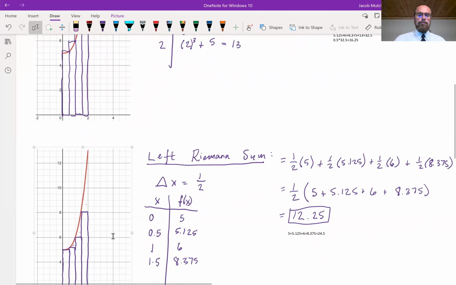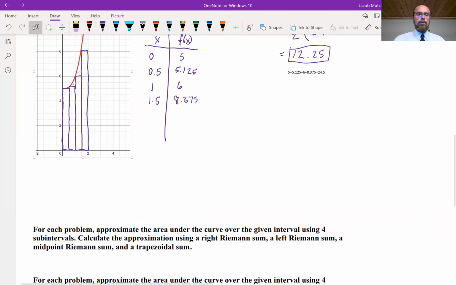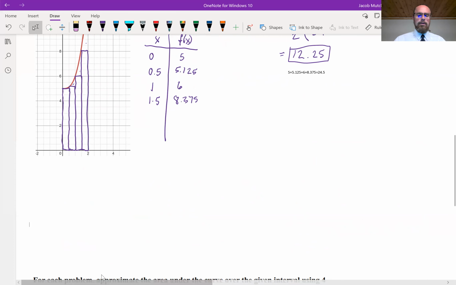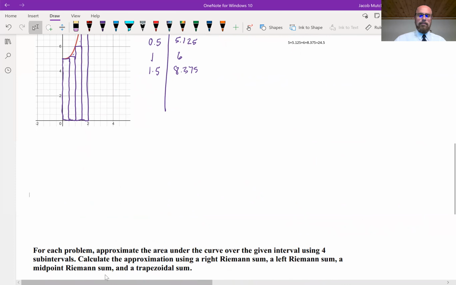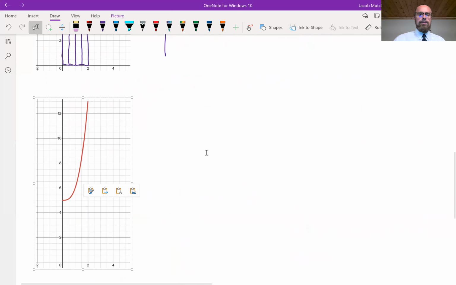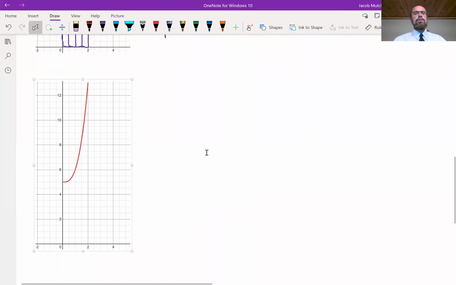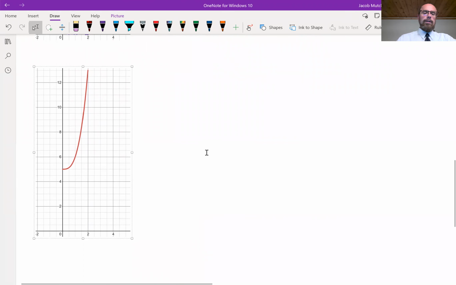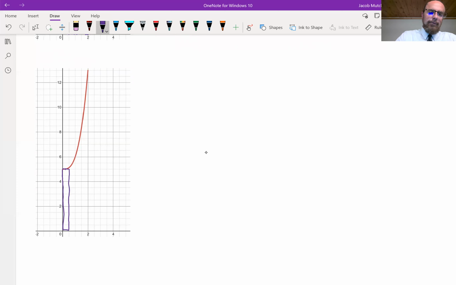So again, let's pick it up. We'll get rid of these. And consider now if I were to have subintervals whose midpoints were on the function. To draw it is helpful, because I'm going to visualize it. If I had the midpoint of my rectangle right on the function, that's how I want to place my rectangles now.